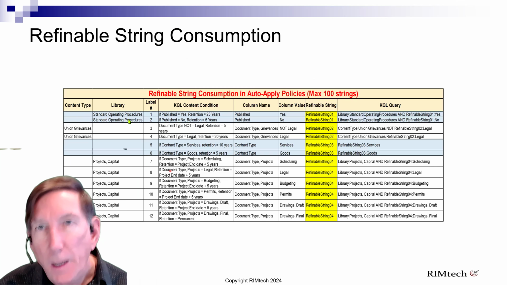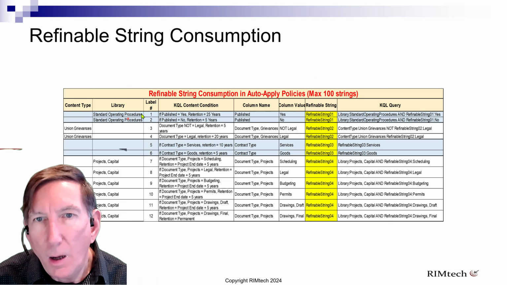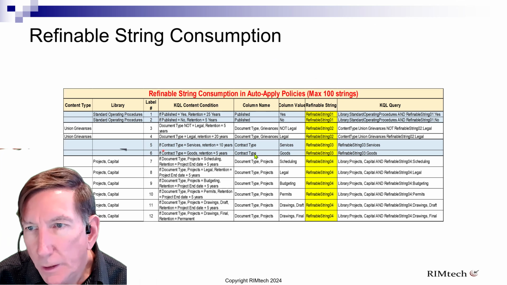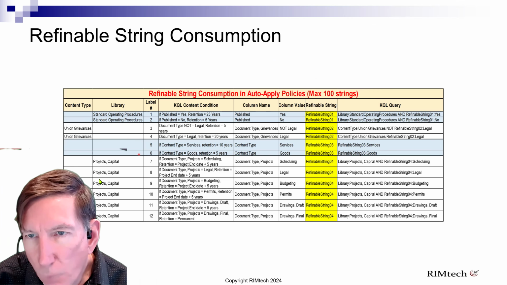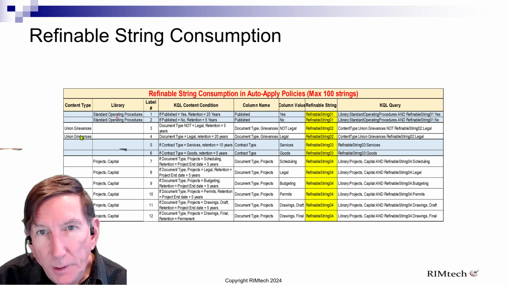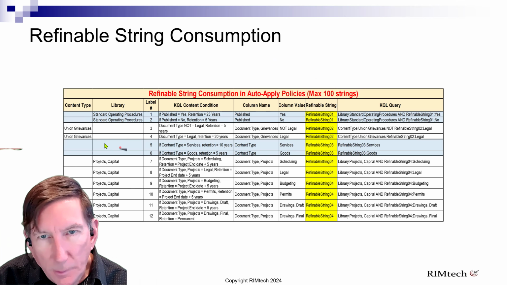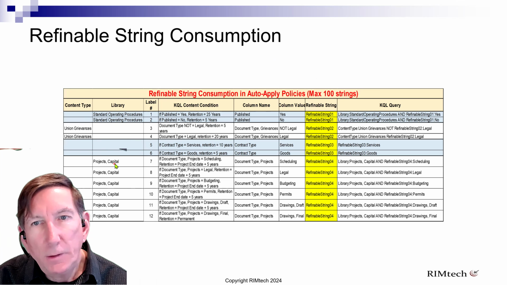Now, the refinable strings. This is an actual example of 4 categories: SOPs, union grievances, contracts, I forgot to put the contracts in here, and capital projects.